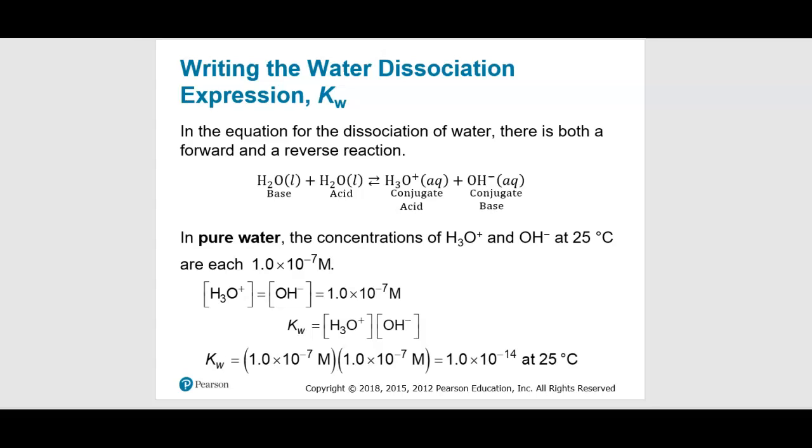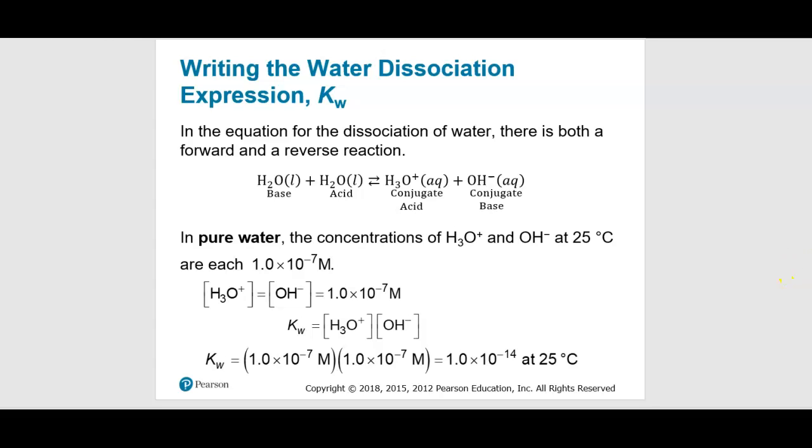And in the previous presentation, you saw me define the equilibrium constant. And this is a modification of an equilibrium constant. And this is what we use for water. It's called the K sub W. It's the dissociation constant of water. And in water, at 25 degrees Celsius, pure water has the dissociation constant equal to 1.0 times 10 to the minus 14th, which is the product of the concentrations of hydronium ion and hydroxide ion.